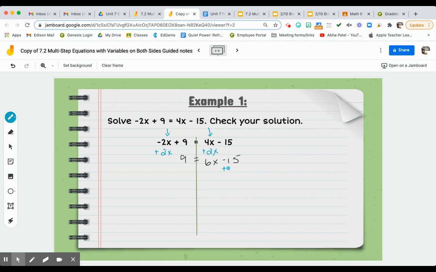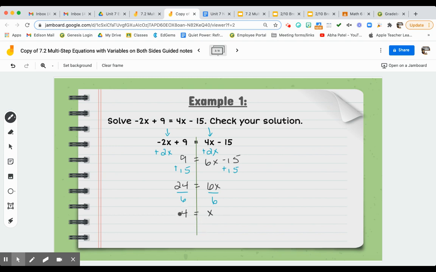So we're going to add 15 to both sides, and you're going to get 24 is equal to 6x. This is multiplication, so you're going to divide both sides by 6, and you're going to get x is equal to 4.